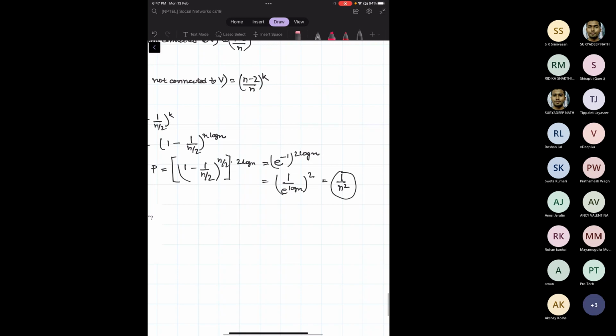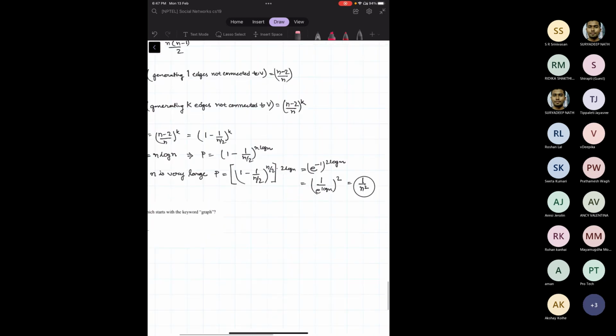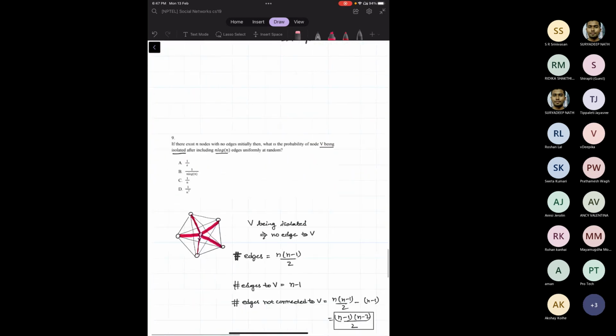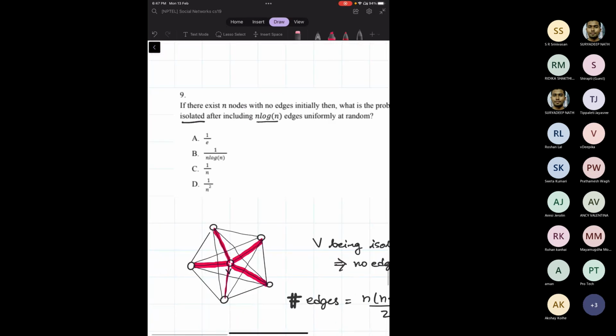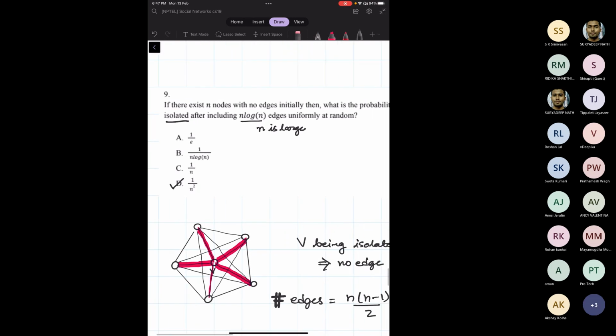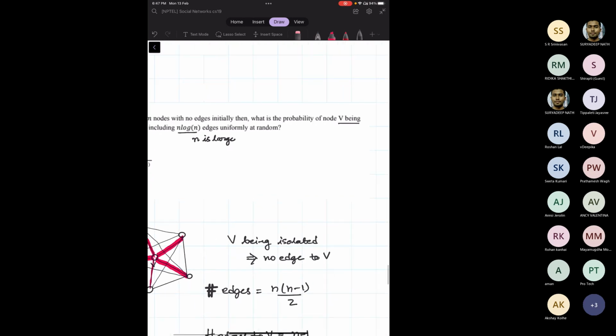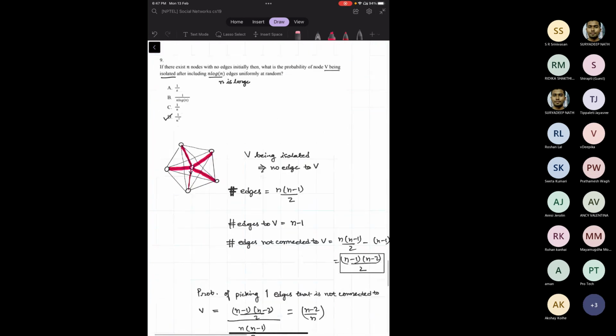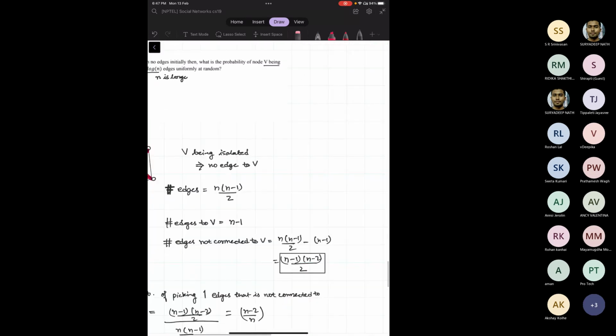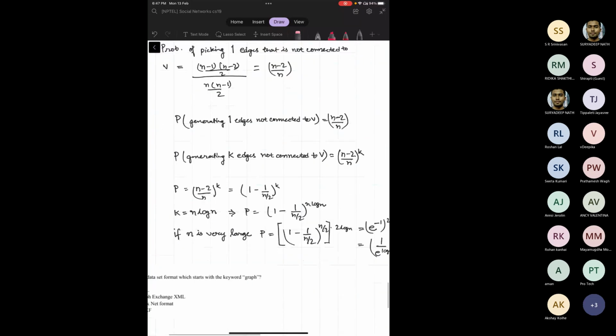So 1 by n square is the probability of V being isolated after adding n log n edges uniformly at random where n is large. Then the answer is option D. Is this clear? If you have any doubt, you can ask how this derivation came.